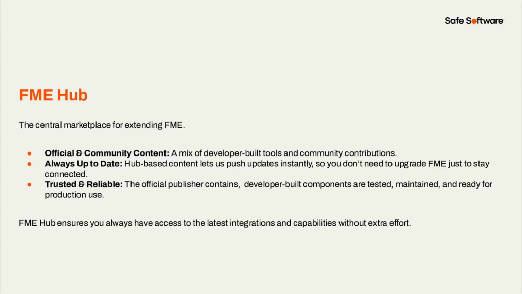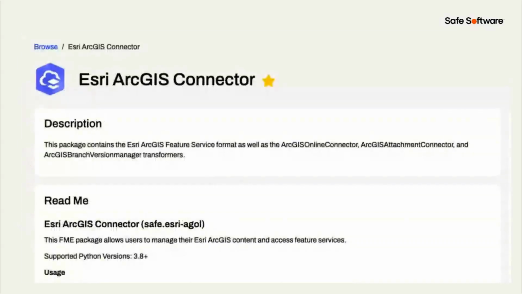It's a really great way to stay up to date without going through that manual effort. Just like our built-in content, anything that comes from us will be developer built, tested, and maintained and ready for production use.